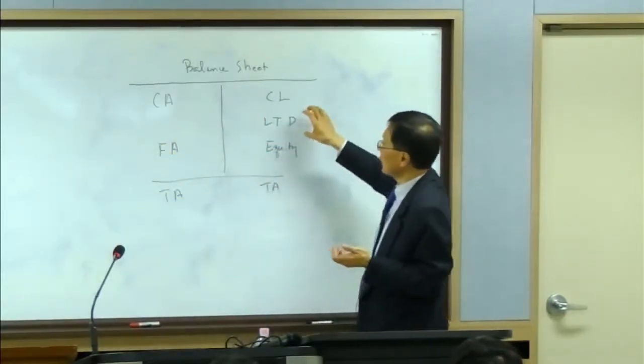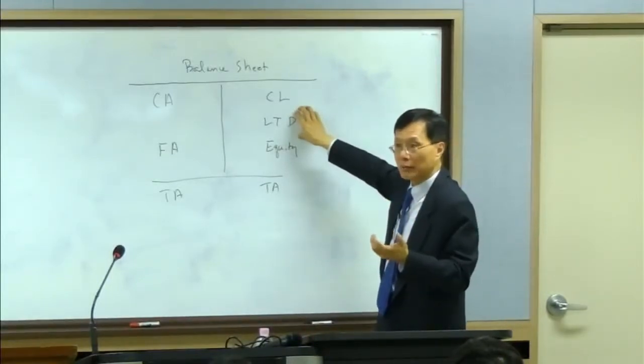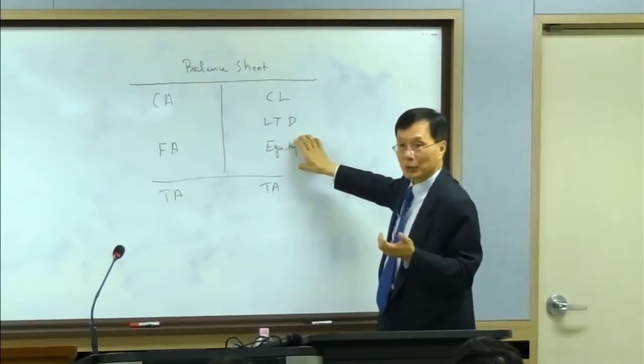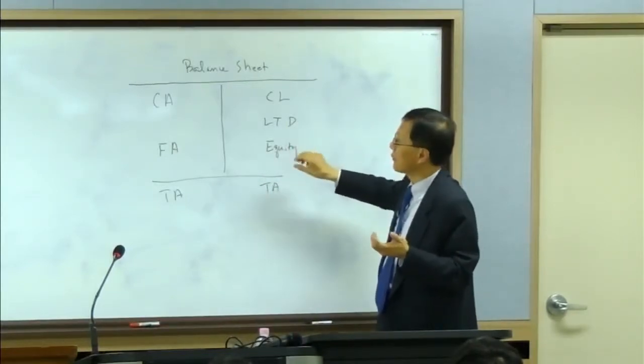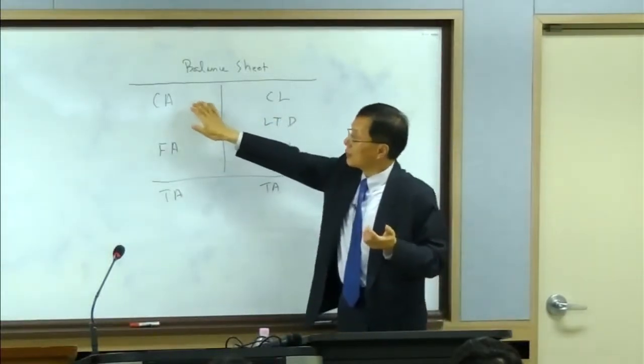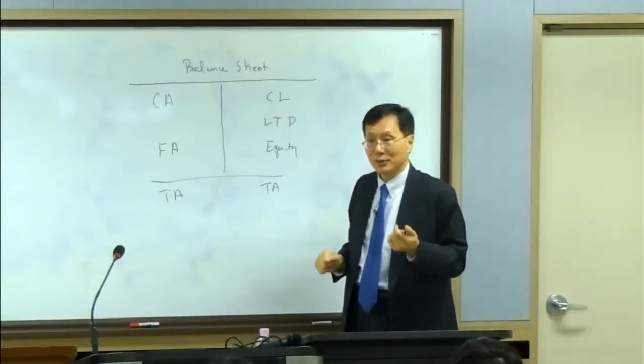Capital structure decision, long-term debt. How much long-term debt you are going to have. And dividend decision, how much equity you are going to have. And net working capital decision will determine current assets and current liabilities.